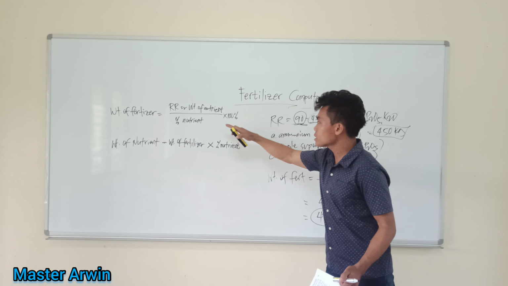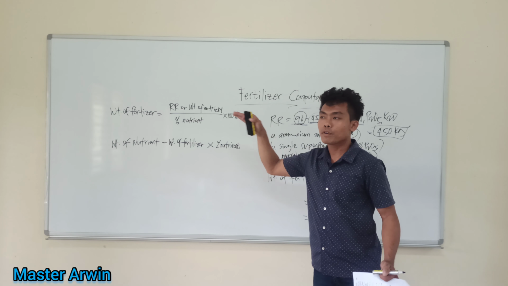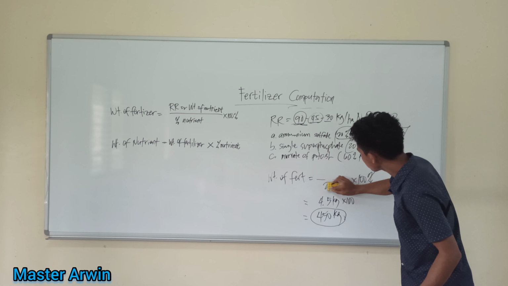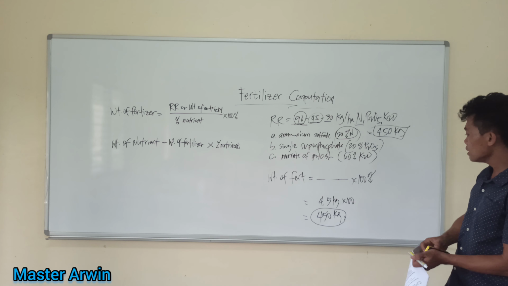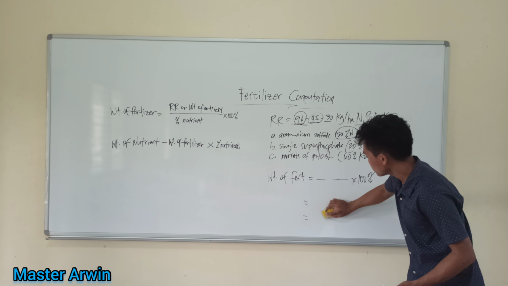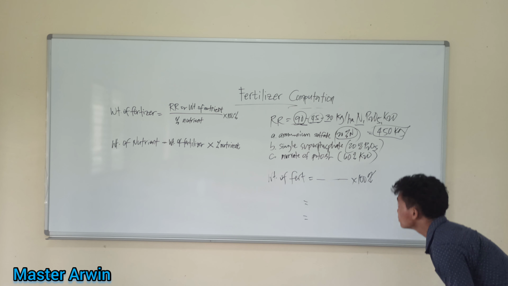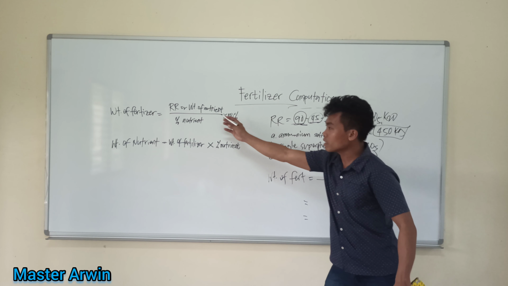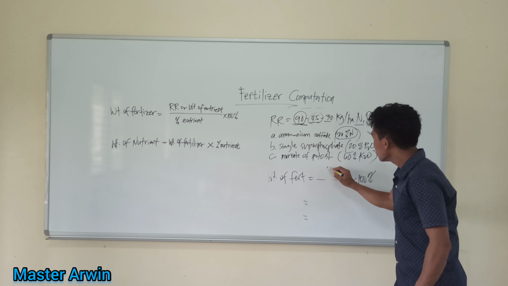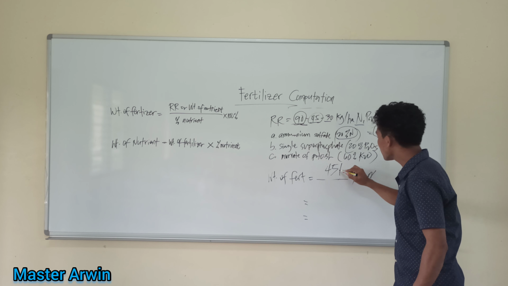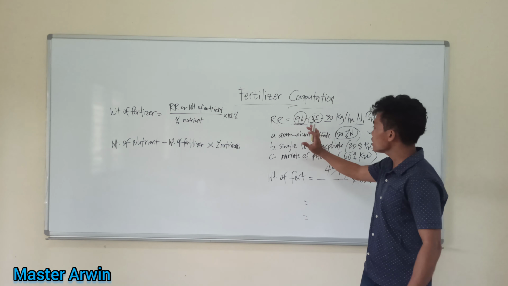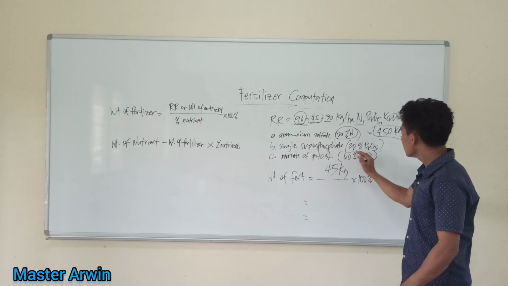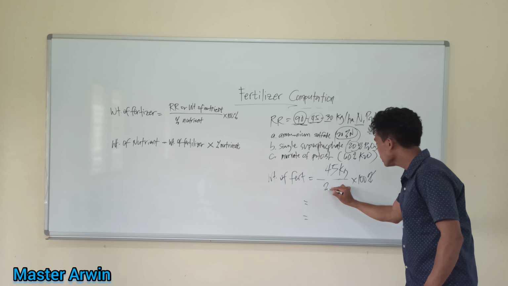So we will use again the same formula to compute. So we'll just erase this. Okay? So, recommended rate, RR. So we'll have 45 kilograms. Then the nutrient percentage, that should be 20%.